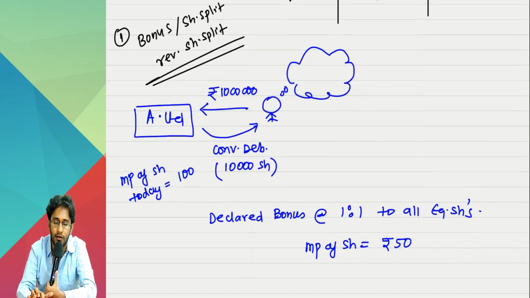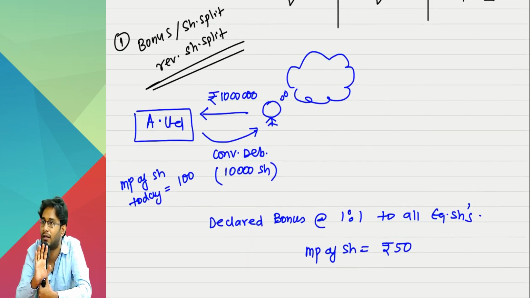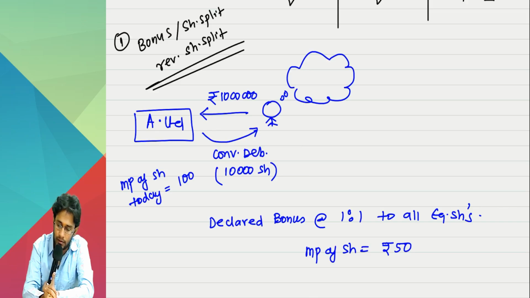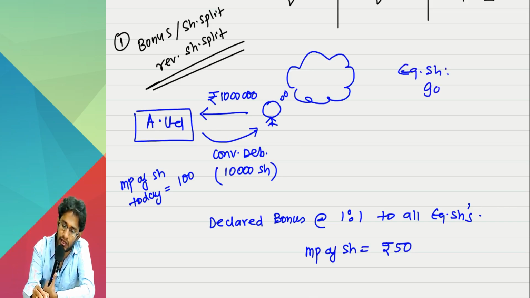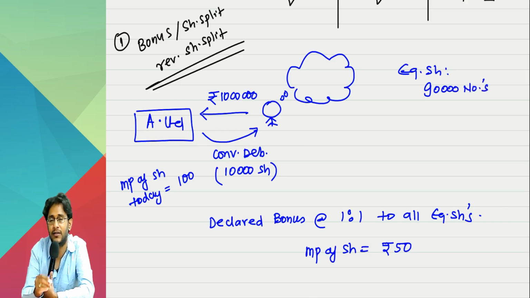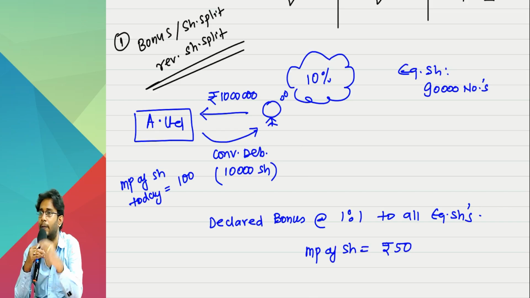But in this case, sir, what I am trying to protect is not his return. What I am trying to protect is his right as an equity shareholder. Imagine this fellow has 10,000 shares, and normal equity shares in the company are, suppose, 90,000. This debenture holder feels that after 5 years, one day, when my debentures are converted, I will become a 10% shareholder.